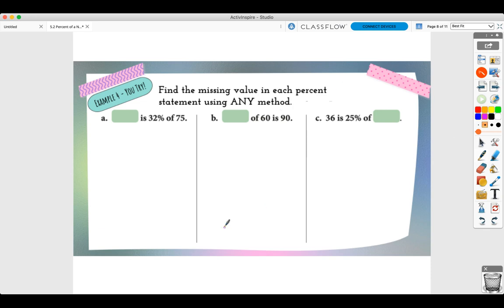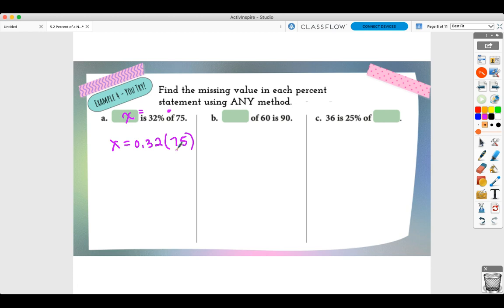All right, welcome back. I'm going to do the keyword method because you know that's my role. So I'm going to go through these problems using the keyword method. So our variable is x equals 32% multiplying. So x is 0.32, because you know me with that percent changing to decimal, times 75.